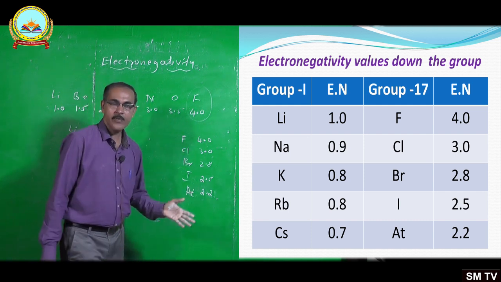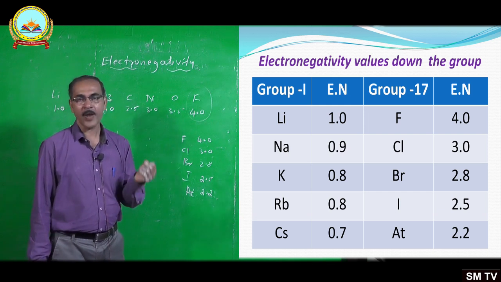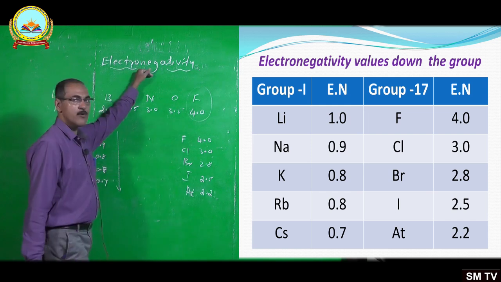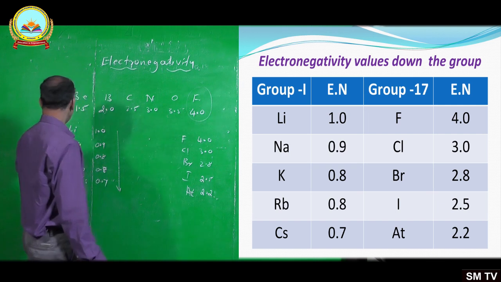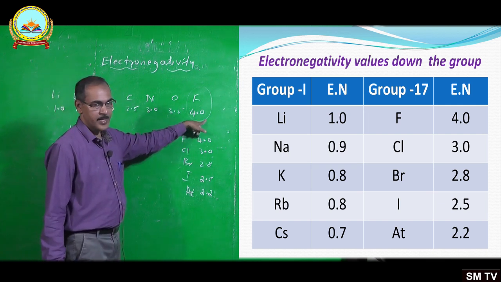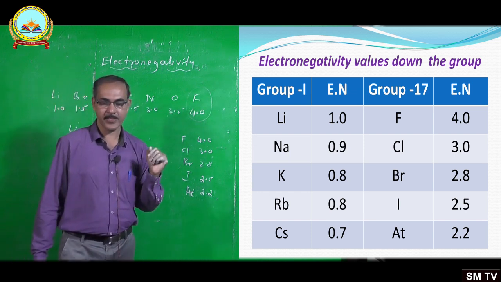What is electronegativity? It is the quantitative measure of the ability of an atom in a molecule to attract shared pair of electrons towards itself. Its trends: along the period, electronegativity increases; down the group, electronegativity decreases.